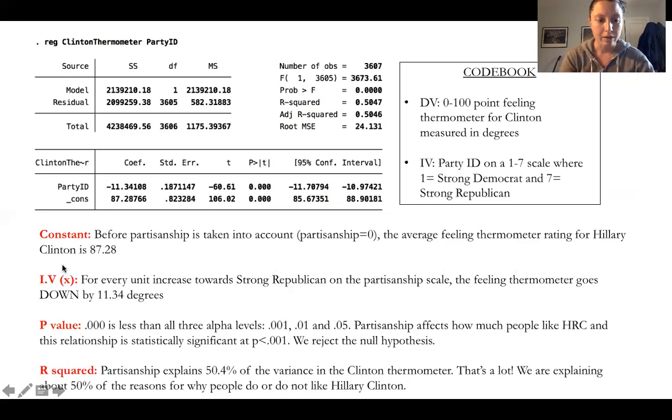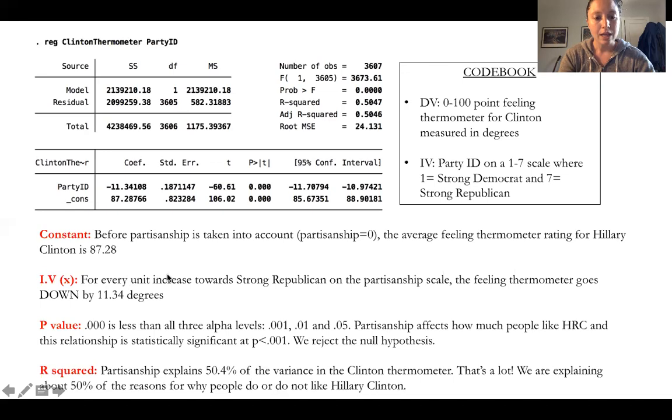Okay, now let's interpret the independent variable, party ID. As you know, we follow a formula every single time we interpret an independent variable, and the formula sounds like this: for a 1 unit increase in X, the dependent variable goes up, or down if it's negative, by some number of units. So let's take that formula and apply it to this example.